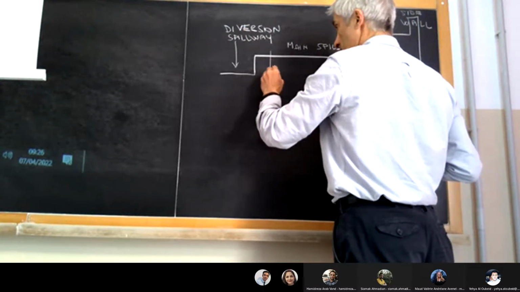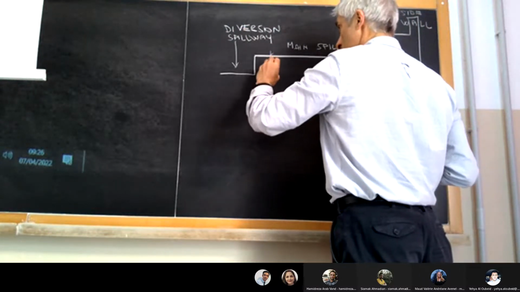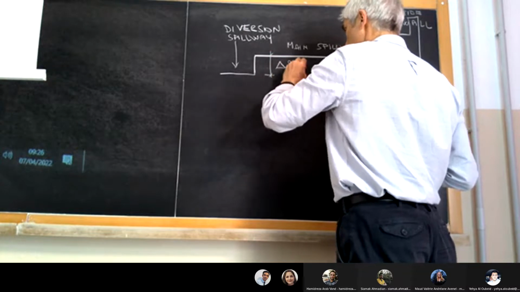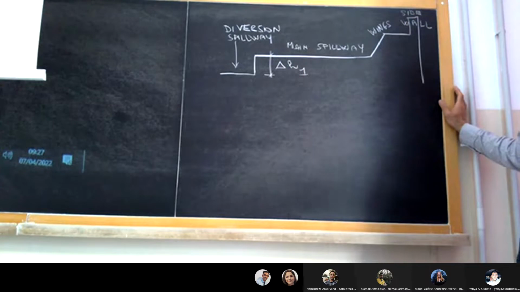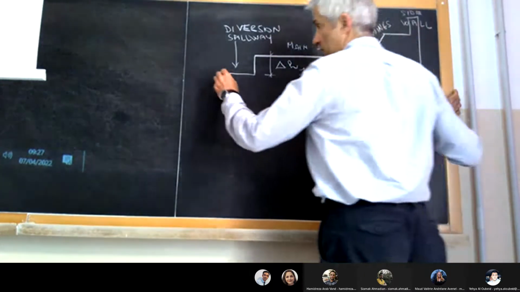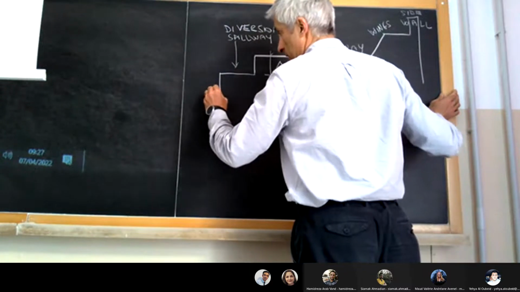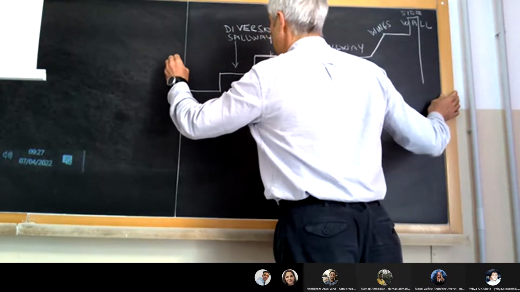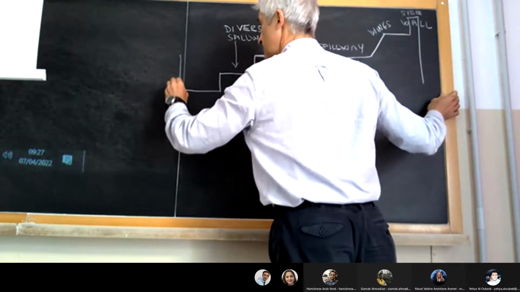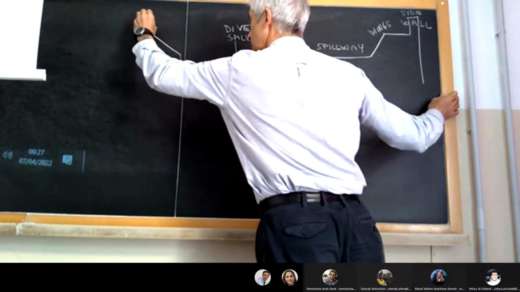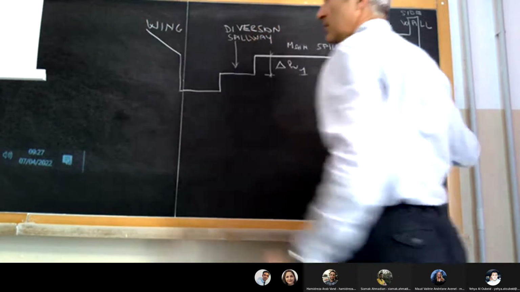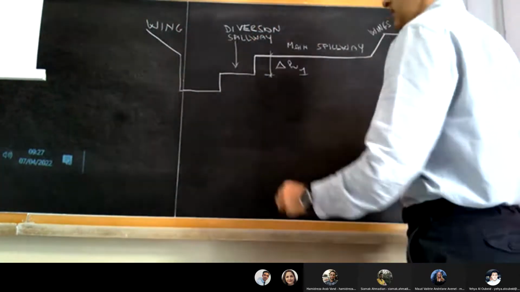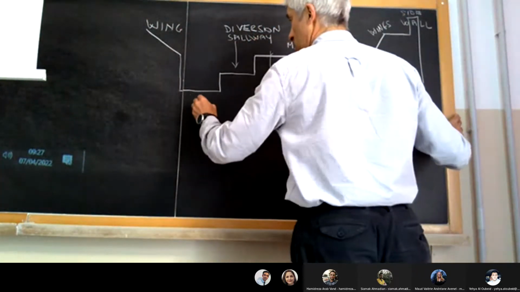And let me call with the symbol delta H1 the difference in elevation between the main spillway and the diversion spillway. And then at a lower elevation, we have the environmental flow spillway, and then we have the wing again. Wing. And this is the environmental flow spillway.